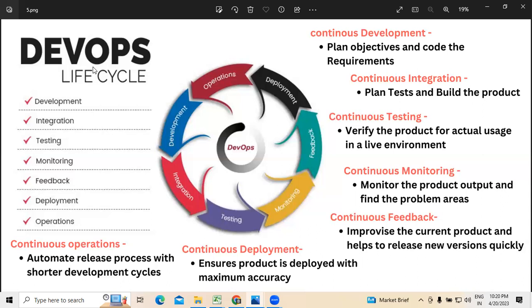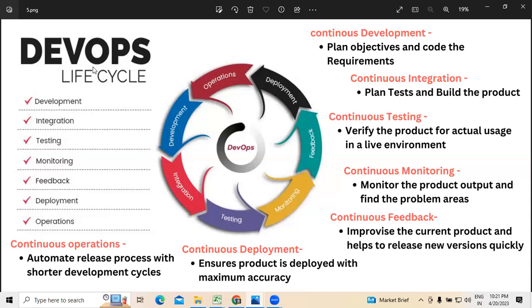These are the different stages you can see in DevOps. The first is continuous development. Here we plan the objectives we want to achieve, and whatever code we want to write in reference to the requirements will be planned in the continuous development stage itself.